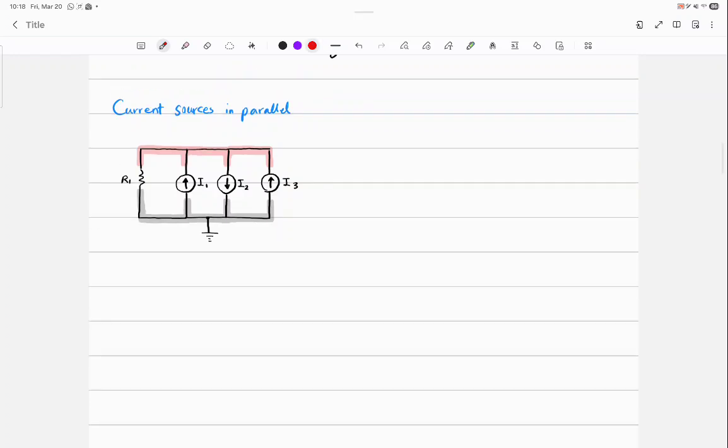So, is there something I need to do before starting to write KCL? Label the top node something, V for example, and then write KCL. KCL at V. Okay.